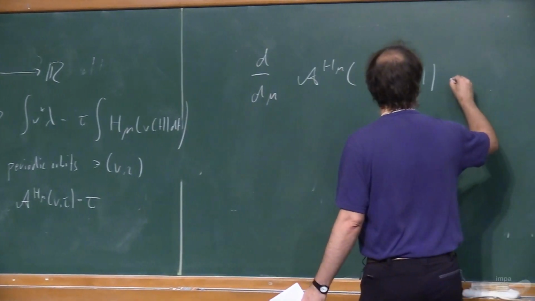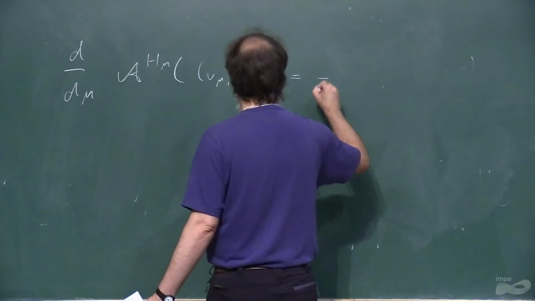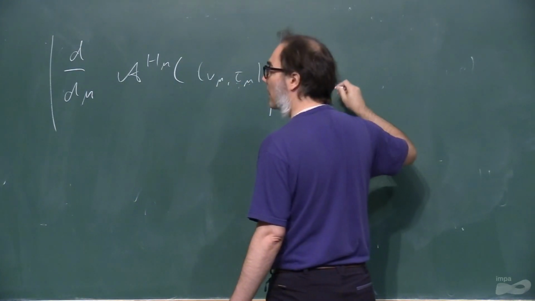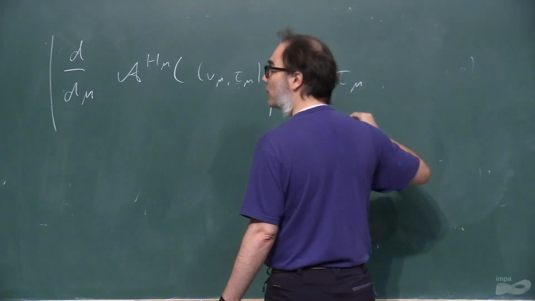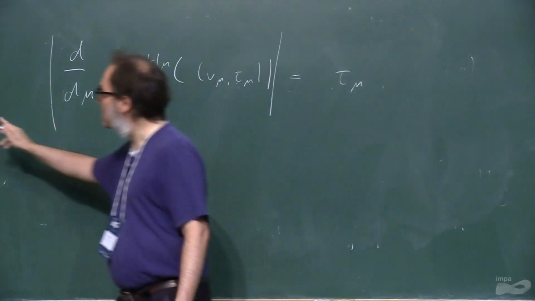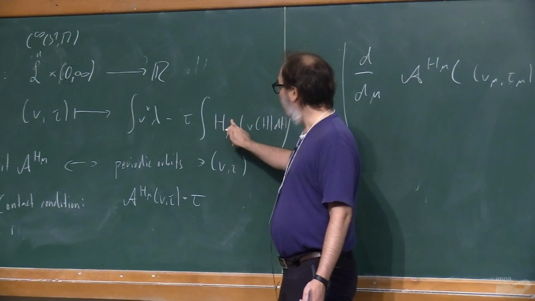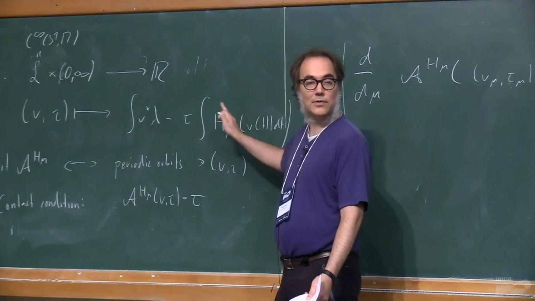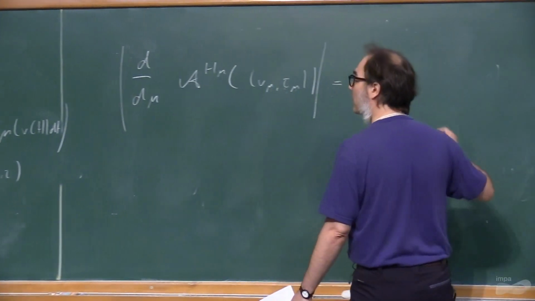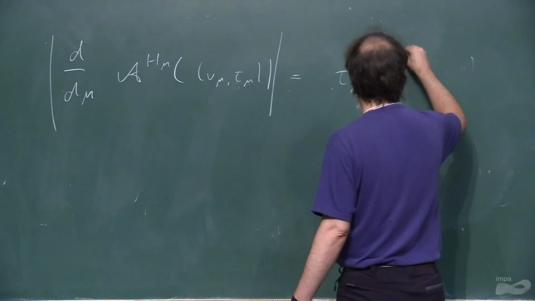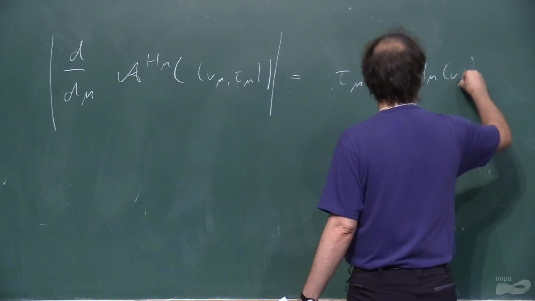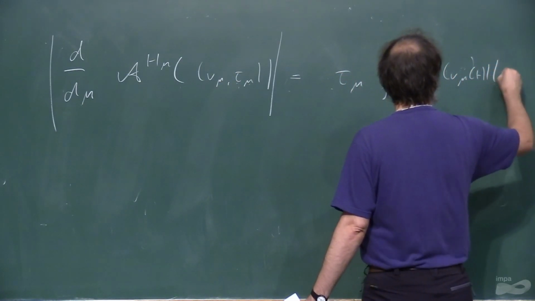So we get here, this equals minus, in absolute value, the tau mu times some derivative with respect to mu, which is something bounded, the integral of the derivative of H mu along v mu(t) dt.